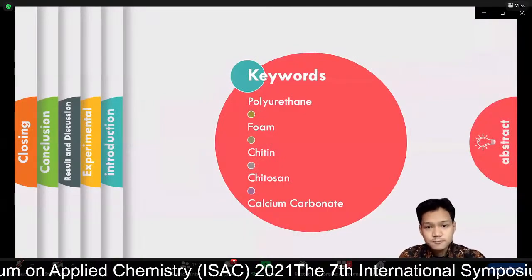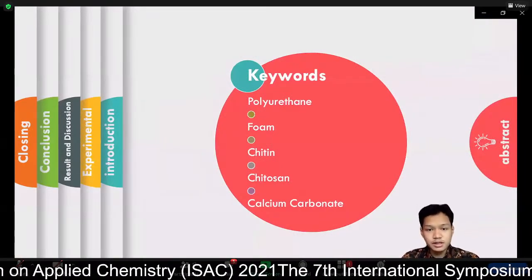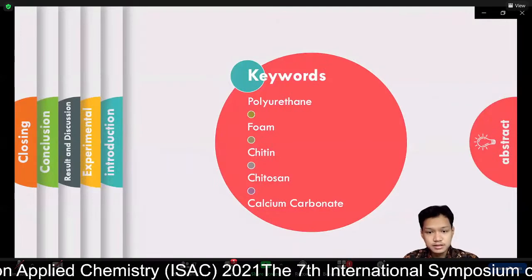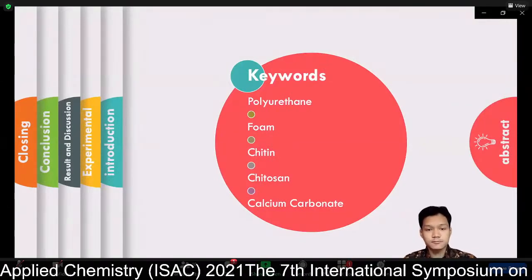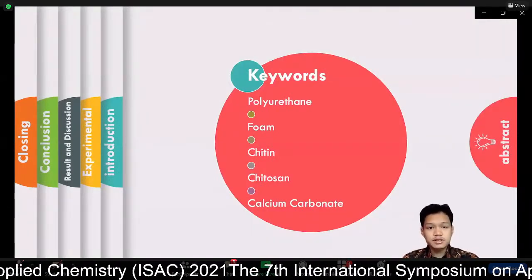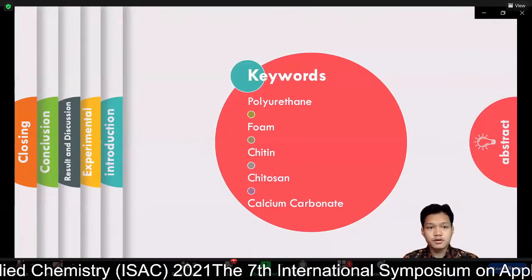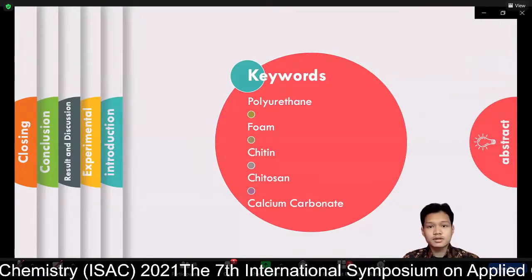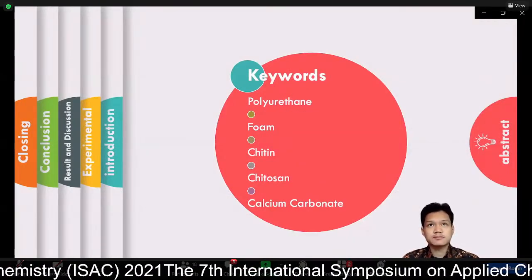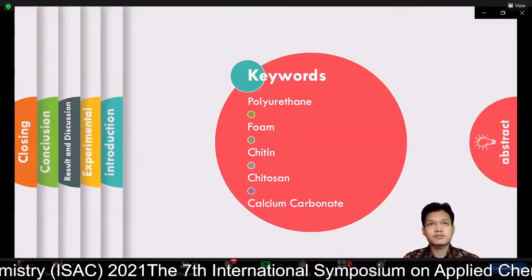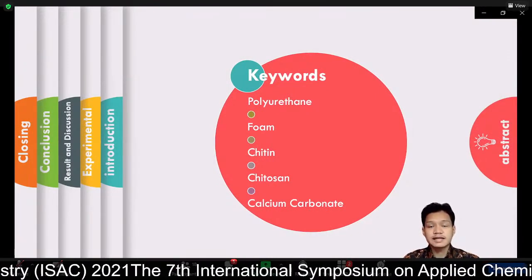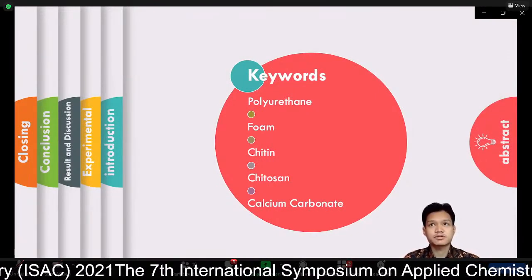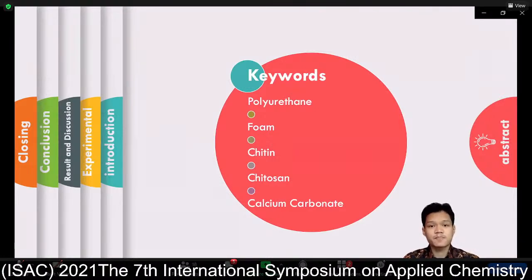With some keywords: polyurethane, foam, chitin, chitosan, and calcium carbonate. This paper is for making a headliner for the car. We know that manufacturing high density polyurethane foam is a little bit expensive.